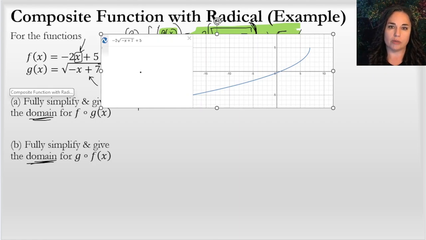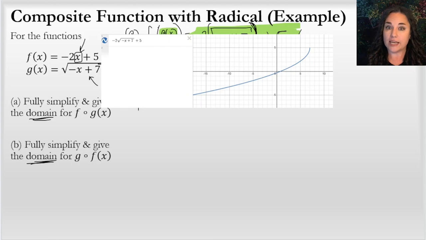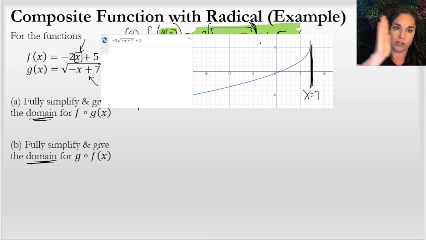It's transformed a bunch here. And so you can see that here's x equals 7, and it can equal any value less than that. So that's how I get this value. The domain is from negative infinity all the way up until that value 7, and it can include 7.